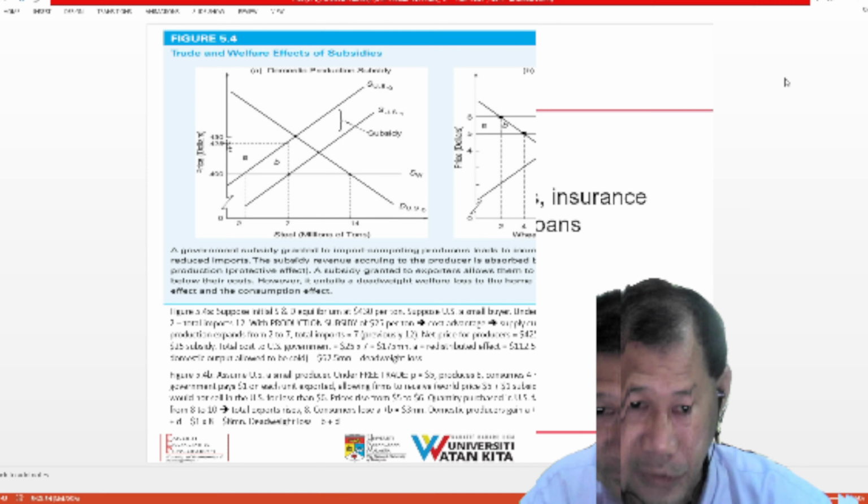So producers get 425, just 400 paid by consumers based on world price plus the subsidy of 25. So the total cost to the US government is the total import here.